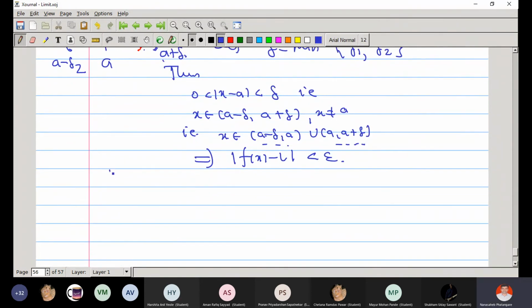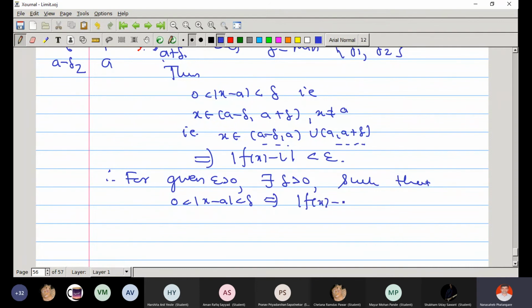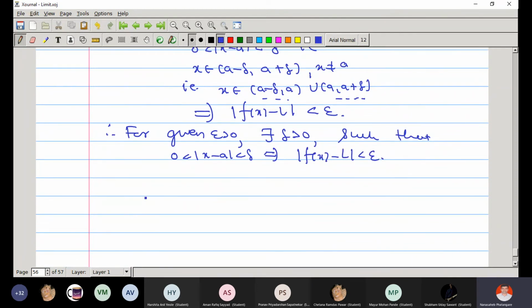What is the conclusion? Given epsilon, we can produce delta such that whenever the distance of x from a is less than delta, it doesn't matter whether it is on the right side or left side, certainly the distance between f(x) and L is less than epsilon. And this is true for any epsilon. Hence, can we declare that the limit as x tends to c of f(x) is equal to L? Correct?